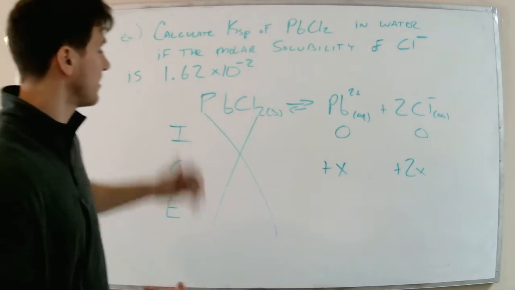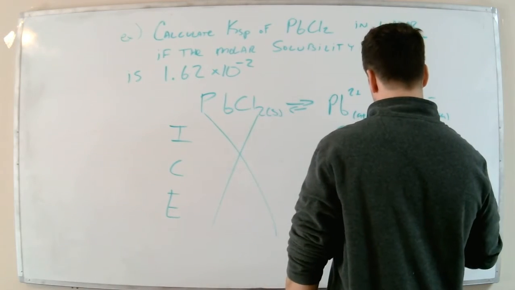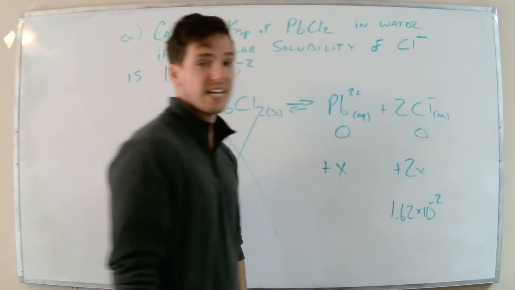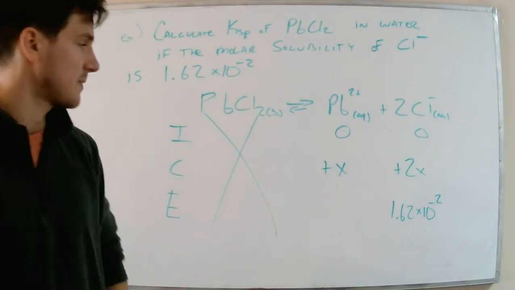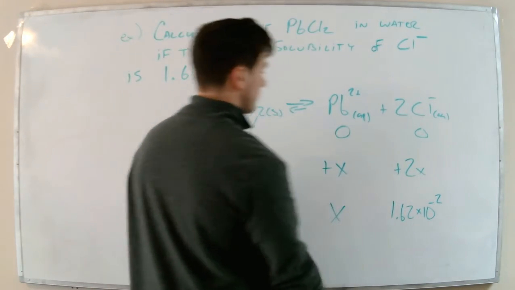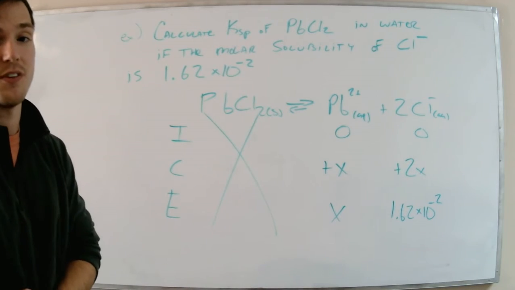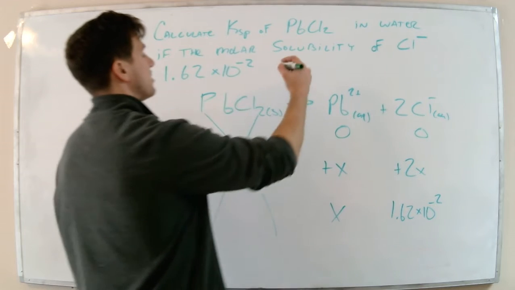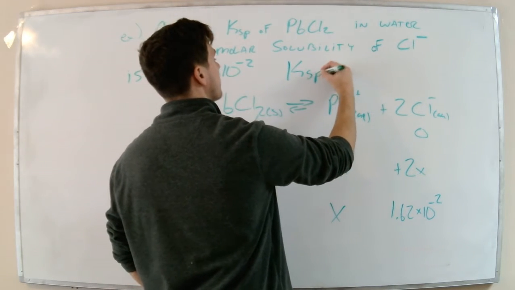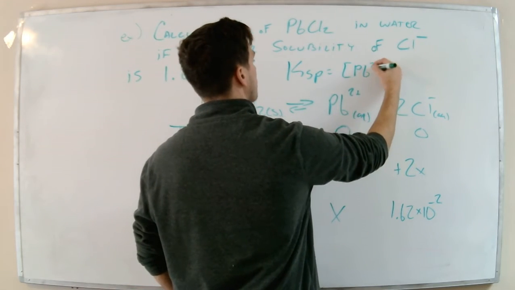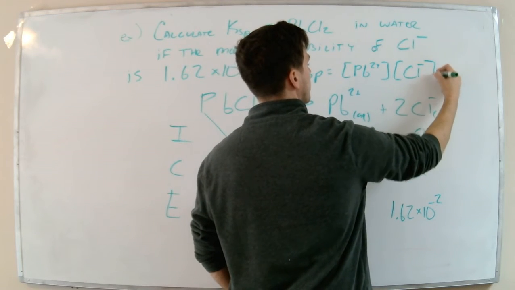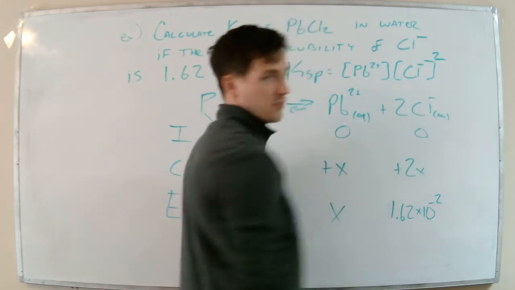So, in this case, it is 1.62 times 10 to the negative second, and this guy will be x. So we have to figure out x, and then we can plug it into our Ksp expression, which is going to be Ksp equals Pb2 plus, don't forget, Cl minus squared.